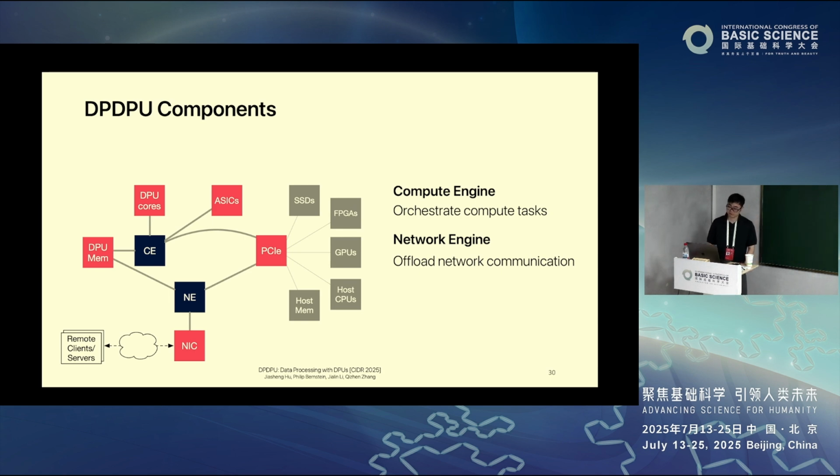The network engine will be about offloading the network communication, which is an essential component in distributed database systems. The network engine will use DPU memory and PCIe devices to coordinate with the host CPU, and of course it's going to use the high-speed network interface card to actually transfer the data.